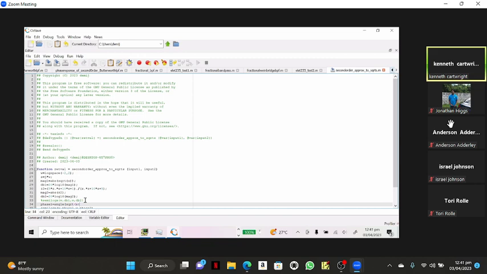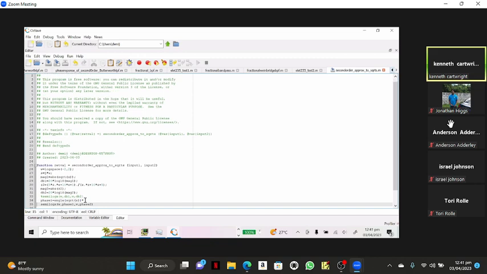Angle of square root of S. I need another bracket there. Times 180 divided by pi.